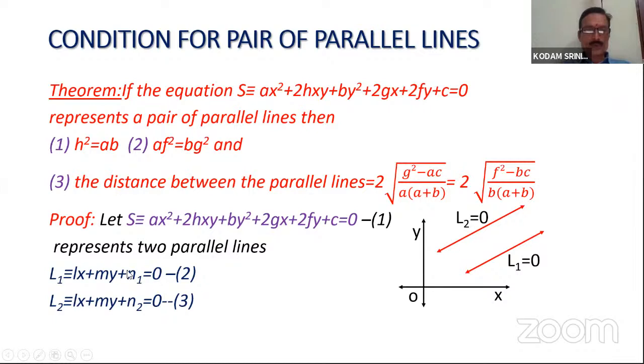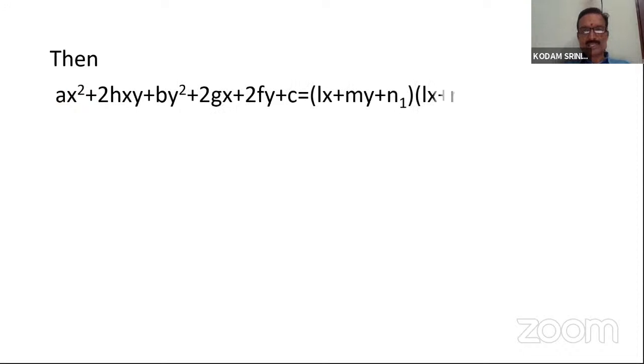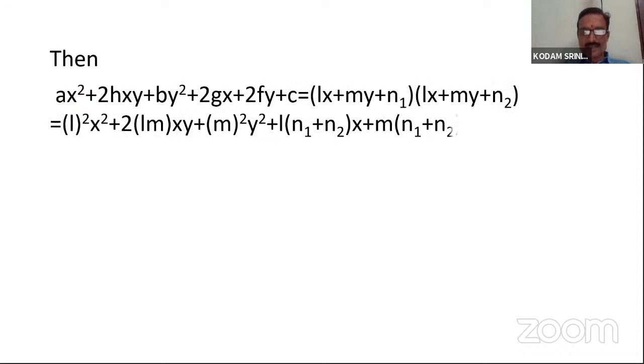So I am taking that these two constant parts will be different, therefore these two straight lines will be parallel to each other and they represent the given equation 1. Now I am writing the combined equation of these two straight lines.